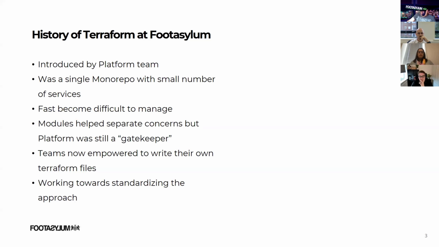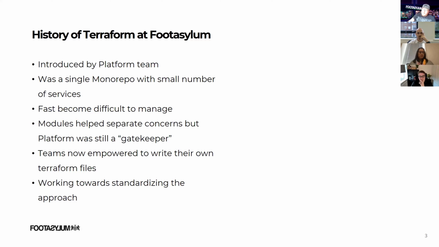I was then approached by a newly formed product team looking after our headless commerce product. They asked me for my advice or my opinion on how they might be able to utilize Terraform to get their infrastructure into Azure. At that same time, I'd realized that we could run separate Terraform instances using different files and different state files.